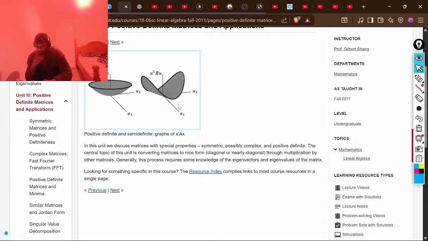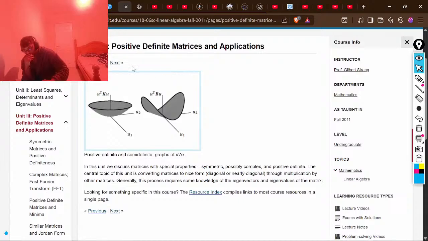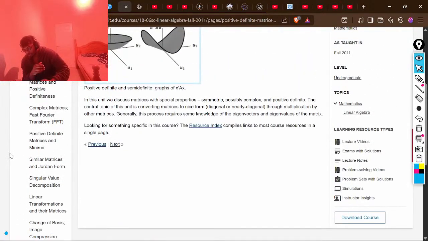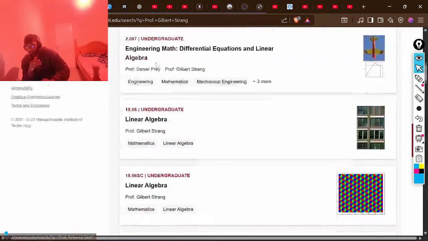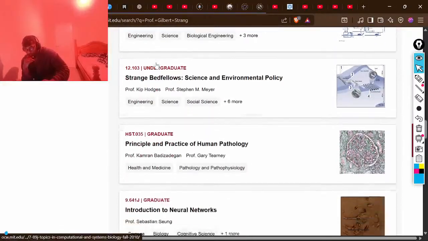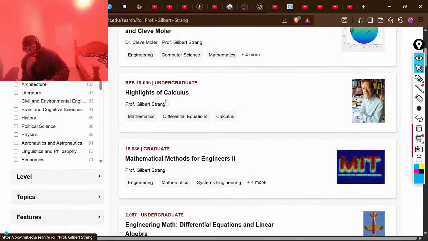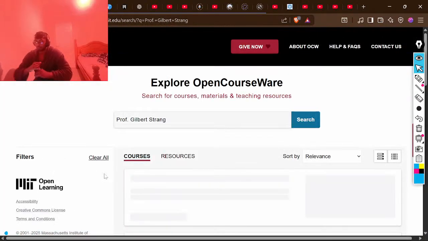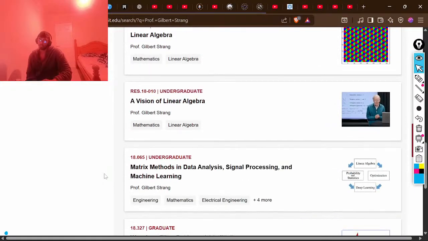And brother, what am I looking at? This is a little bit smaller. But this thing though, that's my boy. Gilbert Strang, bro. Where you at? You know what I'm saying? Like, I used to be cringe. So cringe, in fact.